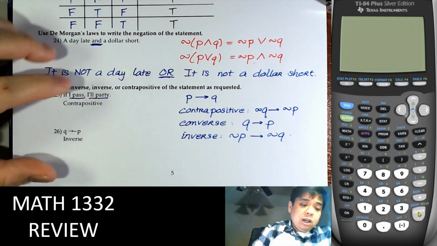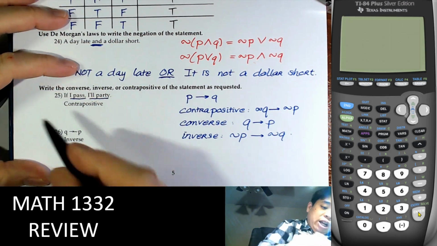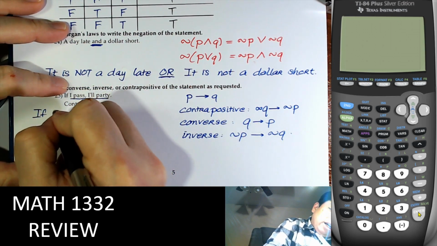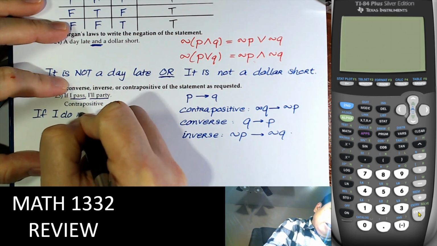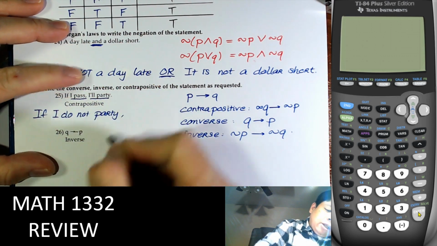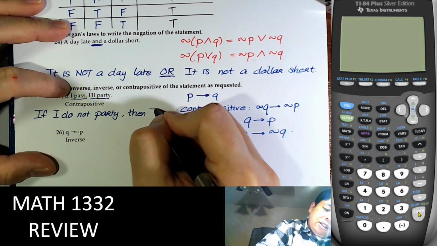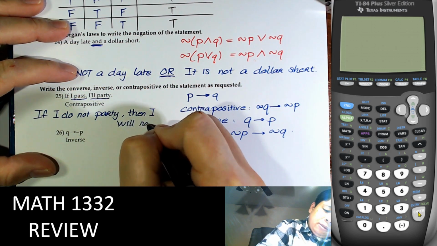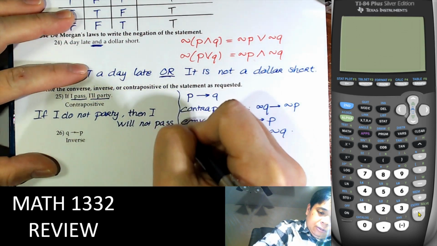Right. So in this case we want the contrapositive, so we have to flip the statement and then negate. So instead of if I pass, I will party, we say if I do not party, then I will not pass. Right?